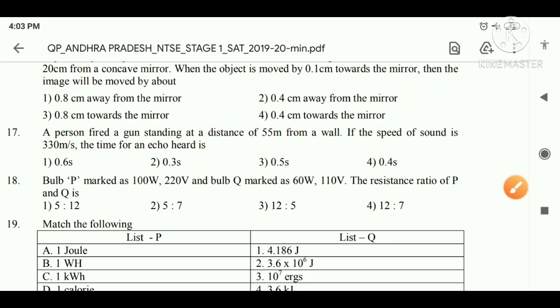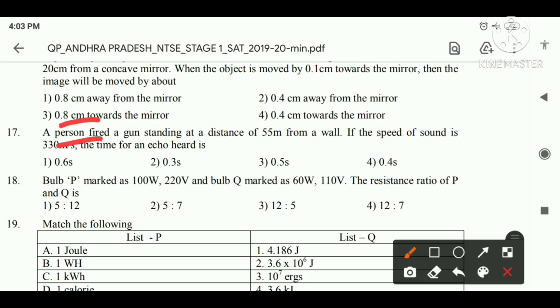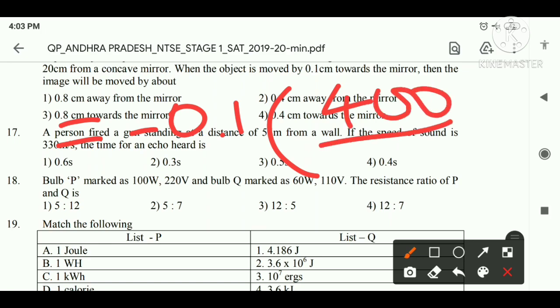Okay, now write down minus 0.1 and it becomes 20 square is 400 divided by 10 square is 100.